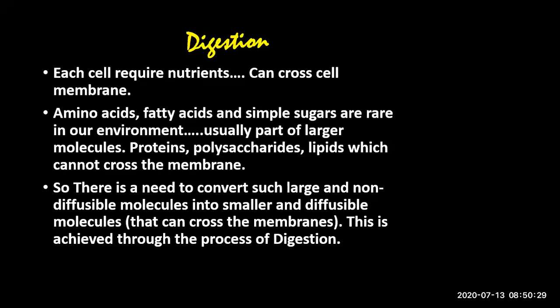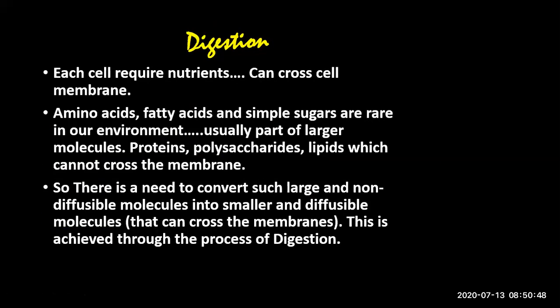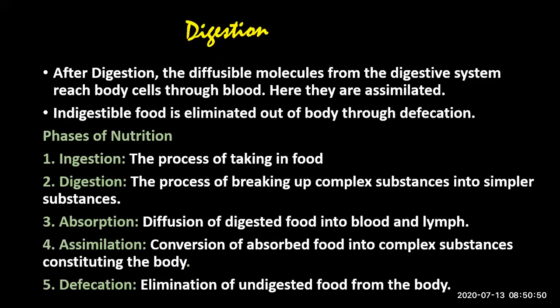So we need the digestion process, in which large molecules are broken down into smaller ones and become diffusible. When they are completely broken down into smaller ones, they are diffused into the bloodstream at the small intestine level. And this is what digestion is.